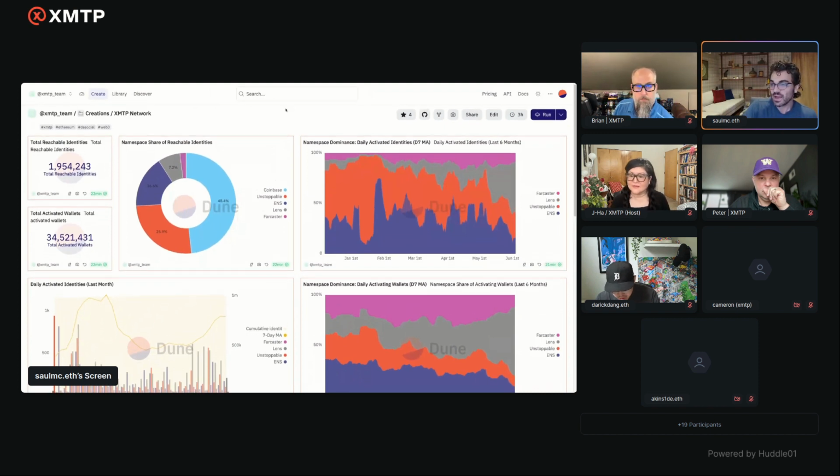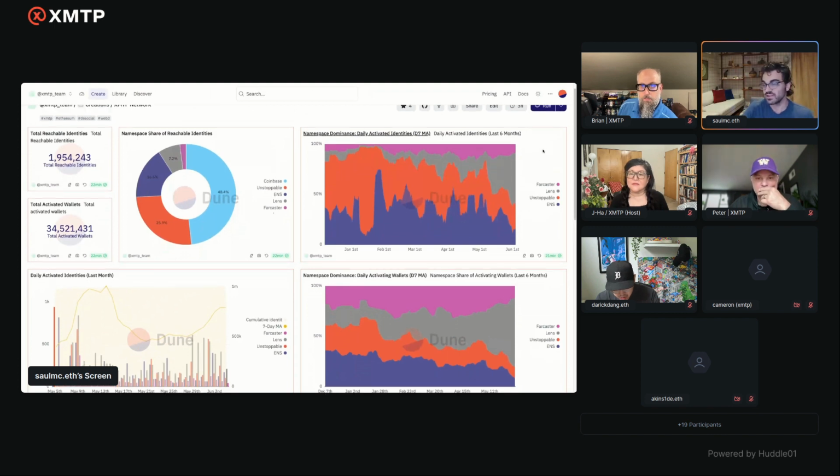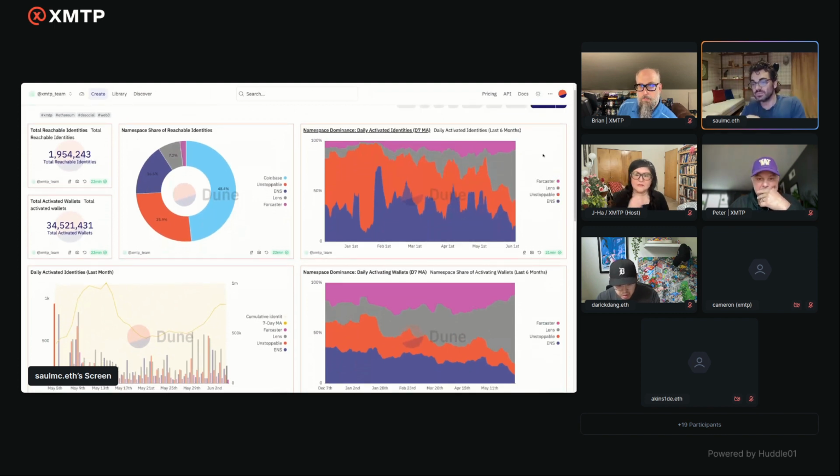From there, I actually want to focus on something on the right-hand side here. These dominance charts really illustrate how we see different usage between social profiles and wallet identifiers.